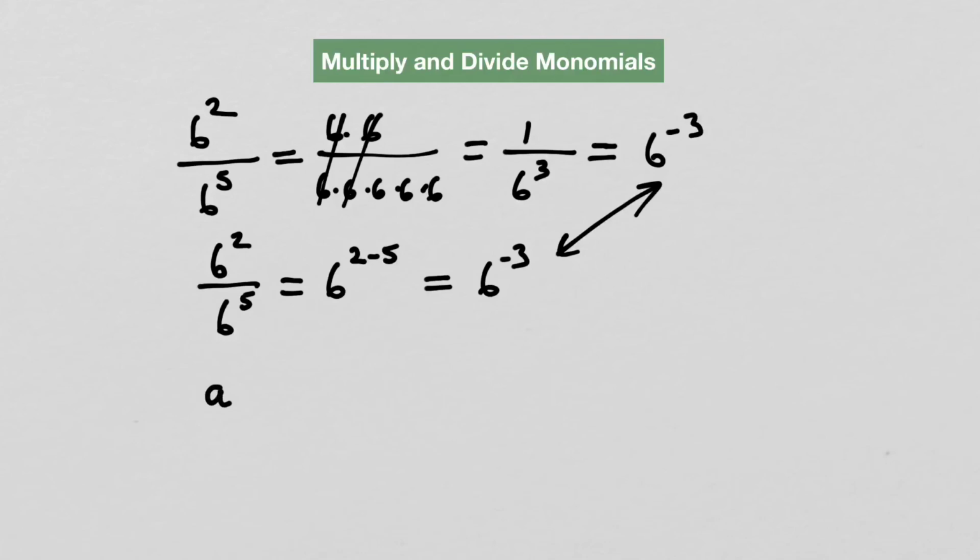A to the x power times b to the y power. Okay, this is multiplying monomials, right? Because a to the x is one monomial, b to the y is another monomial. I'm sorry, let me correct myself here.